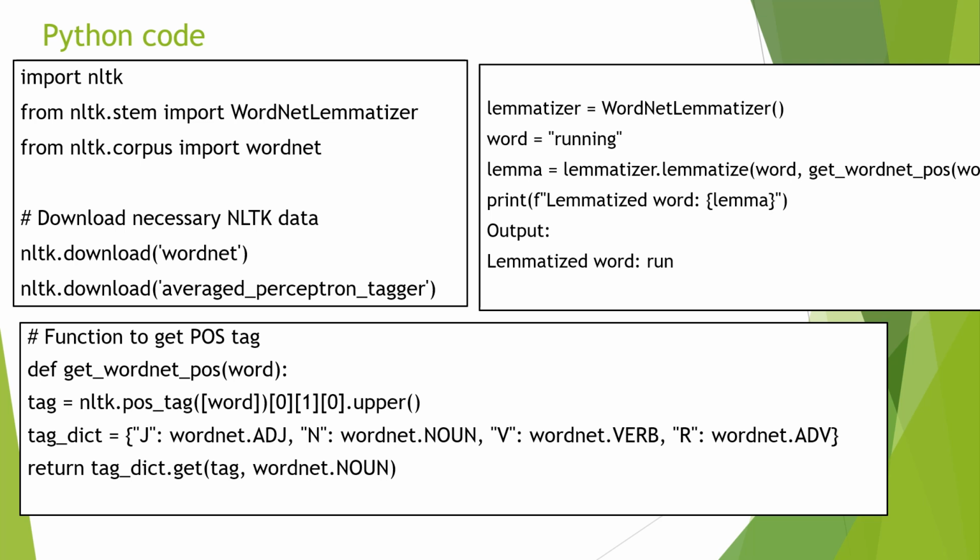Now we are calling this WordNet lemmatizer. We are going to convert the word running into its base form, which conforms to the dictionary standard. So we pass word and get WordNet POS as a parameter, and then this lemmatize function will generate lemma form of words that will be printed as output.